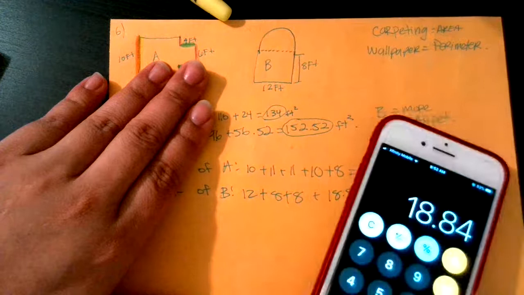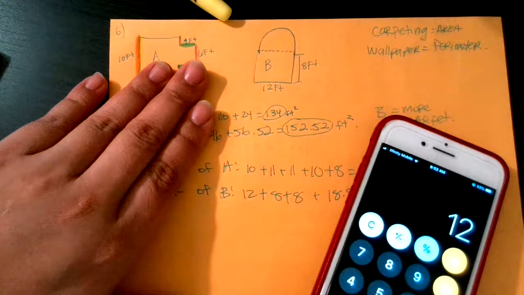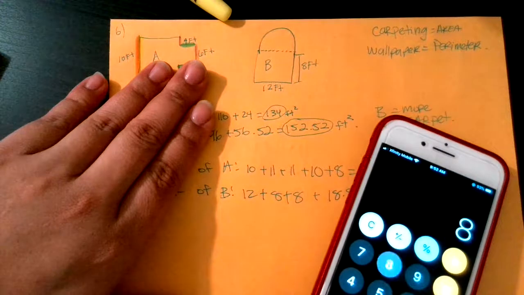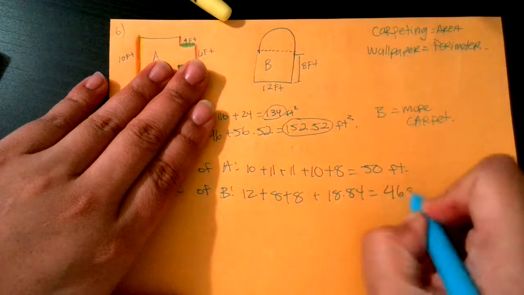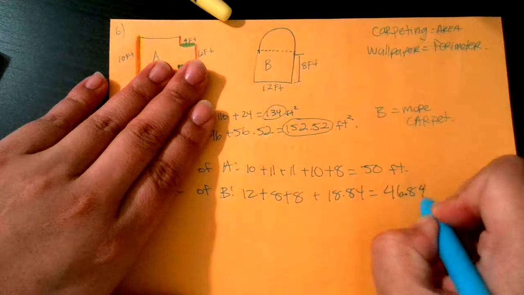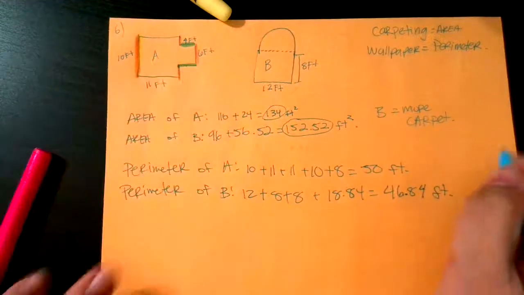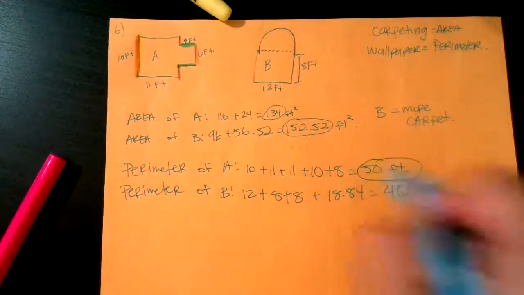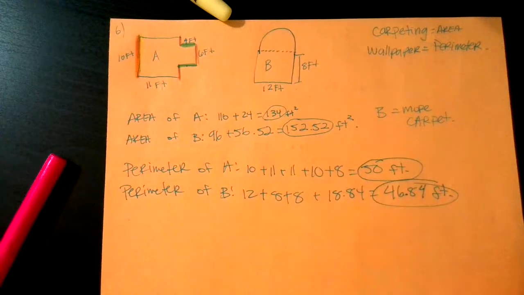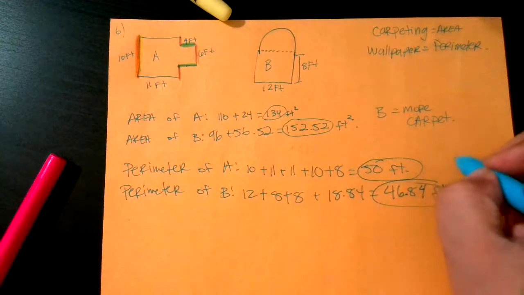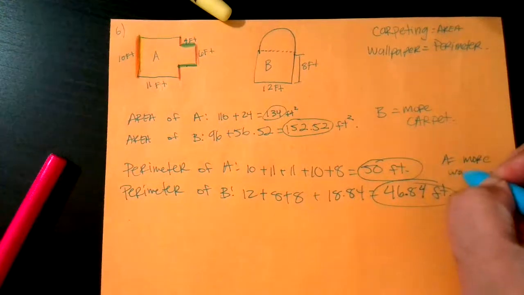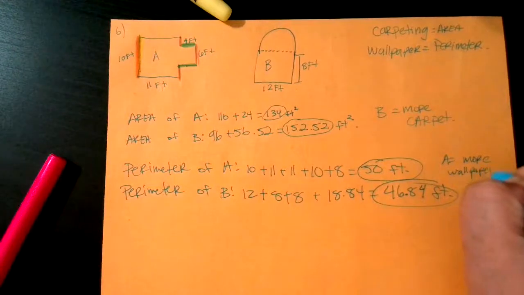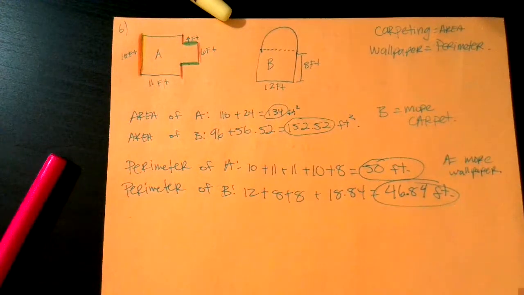If we add that, so plus 12 plus 8 plus 8, that is 46.84 feet. So looks like for wallpaper, room A needs more wallpaper. And there you go.